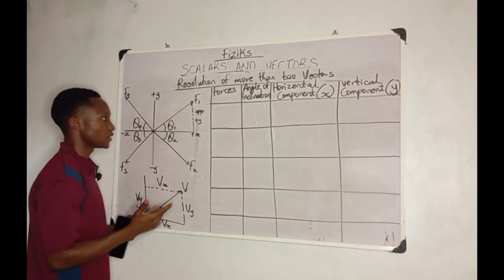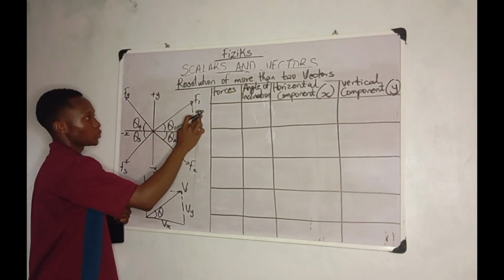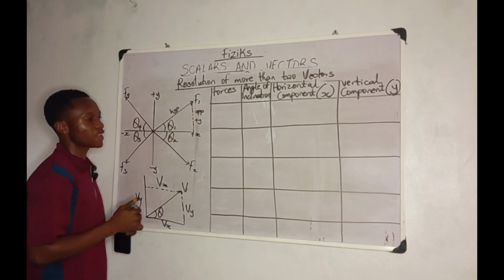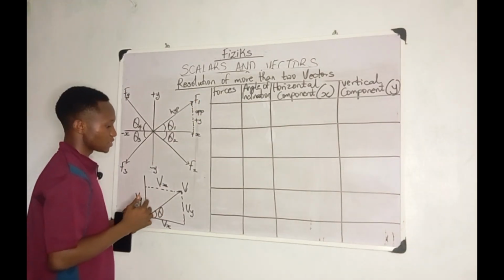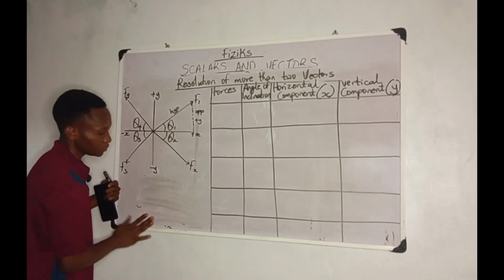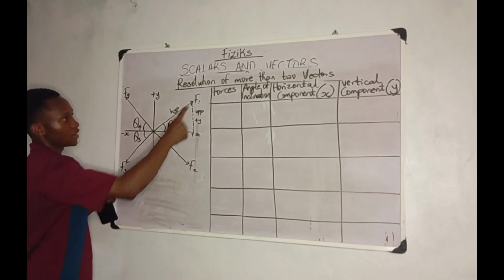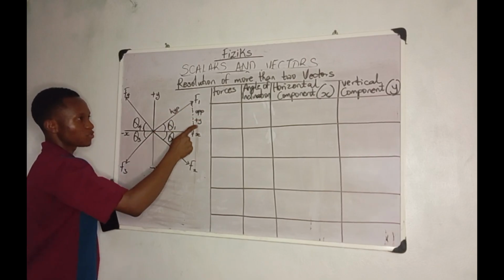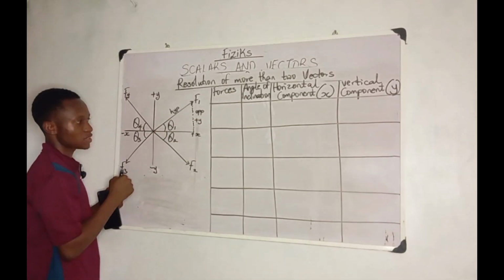So let's do it together. I want you to follow me. There is opposite and here is hypotenuse, and your hypotenuse value is f1. Let me clean this. So with this, we have f1 being the hypotenuse. There is opposite. Let me find the horizontal components.